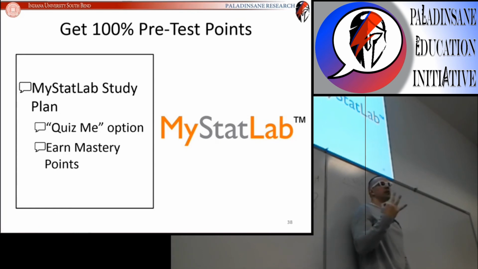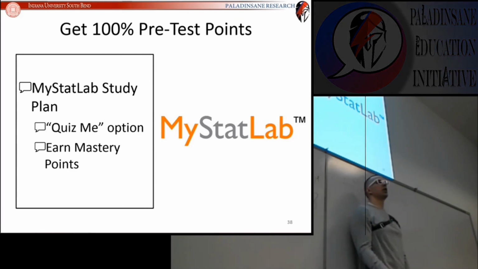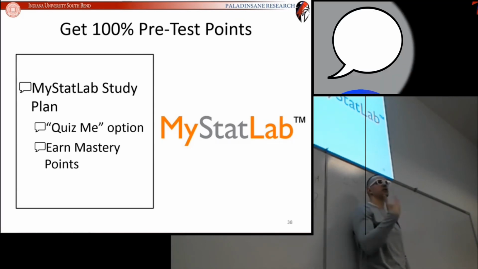Let's say that on the pretest you really struggled, let's say that you got 0% on the pretest. If you grab 1 mastery point out of the 3, then I will change your pretest grade to 33%. If you get 2 mastery points out of the 3, I will change your pretest points to 66%. If you get all 3, I will change your pretest points to 100%. So that's how the study plan mastery points work.